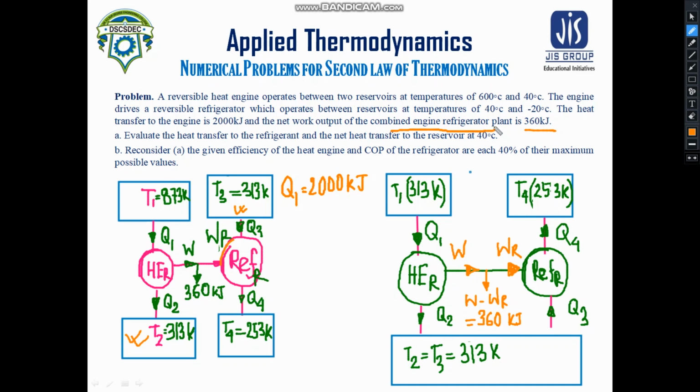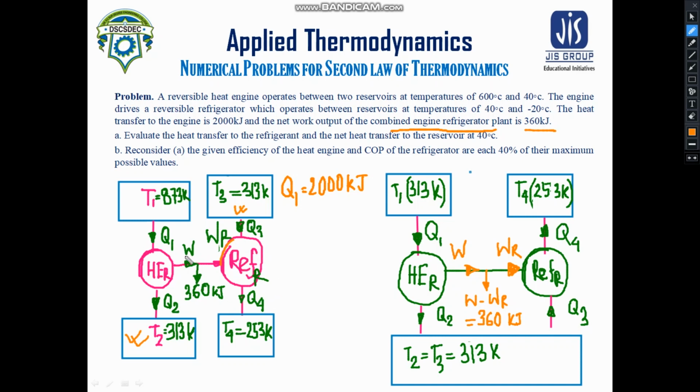So what happens here? It means that a refrigerator is a device which requires work to perform. So this heat engine is driving this refrigerator. That means the work produced by the heat engine is helping the refrigerator to work. The work output of the heat engine is the reason behind the working of this refrigerator.